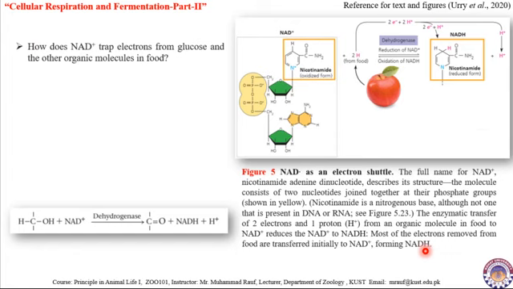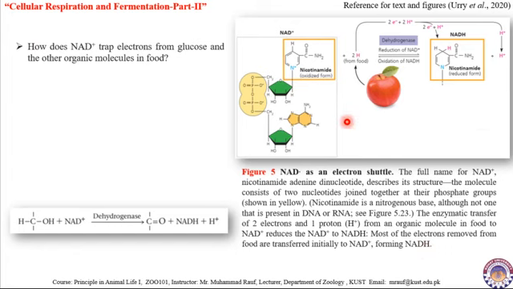So in glycolysis, the link reaction and the Krebs cycle, a total of 10 NADH molecules and 2 FADH2 molecules are produced, and then these high energy electron carriers carry those electrons to the electron transport chain.